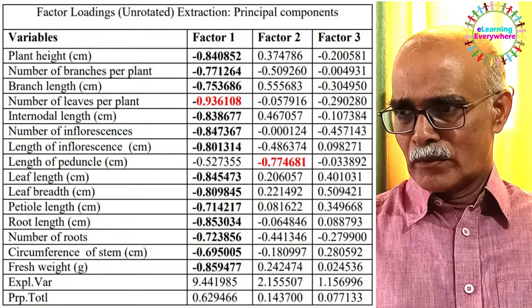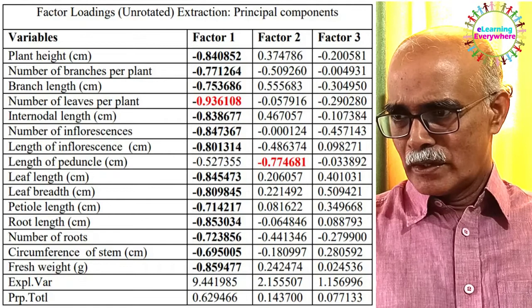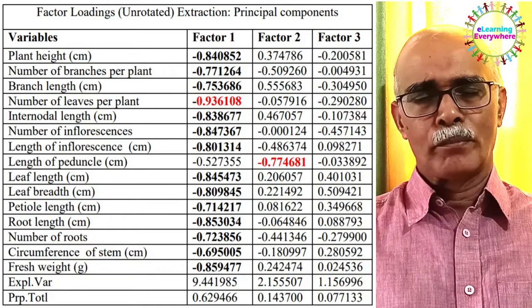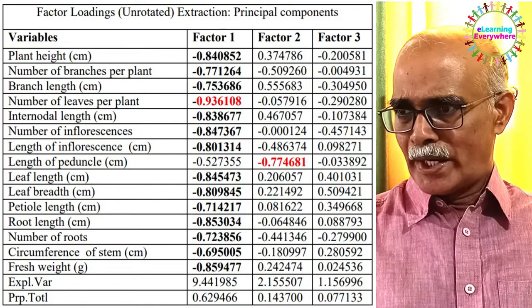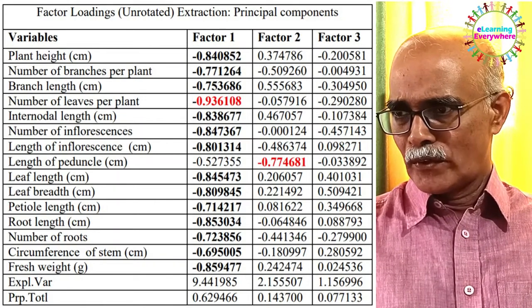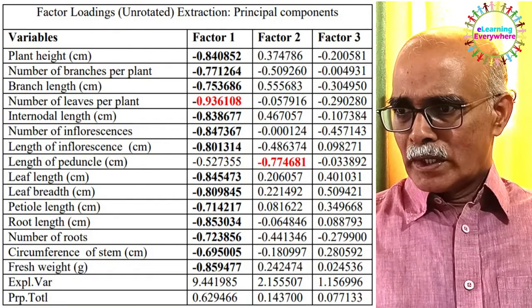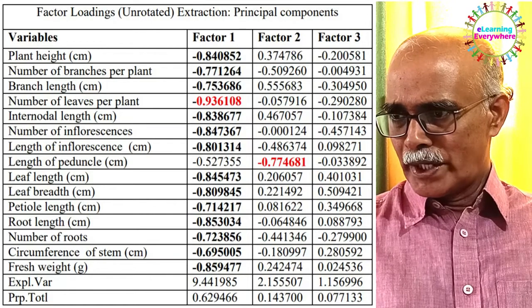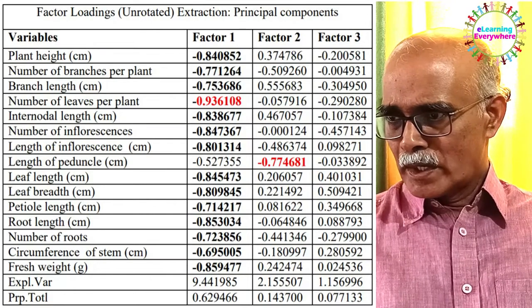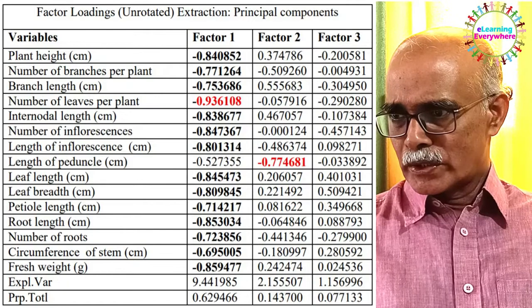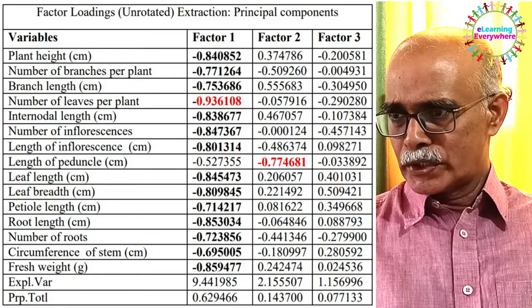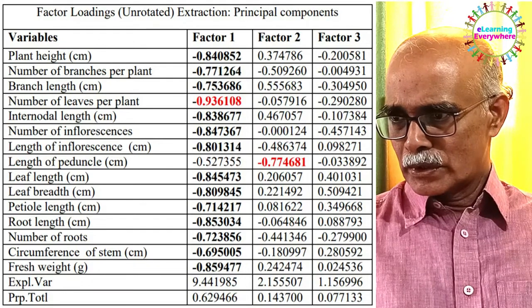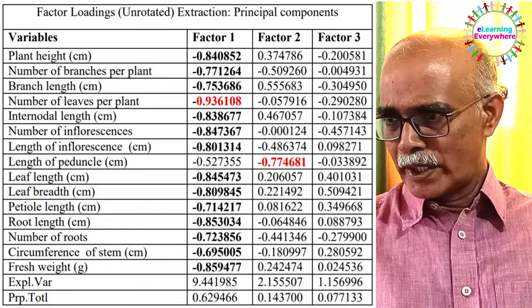And there are, of course, certain other factors which show a factor loading above 0.8. Plant height shows a factor loading of 0.84. Internodal length shows a factor loading of 0.83. Length of inflorescence shows factor loading of 0.80. Leaf length shows a factor loading of 0.84 again.